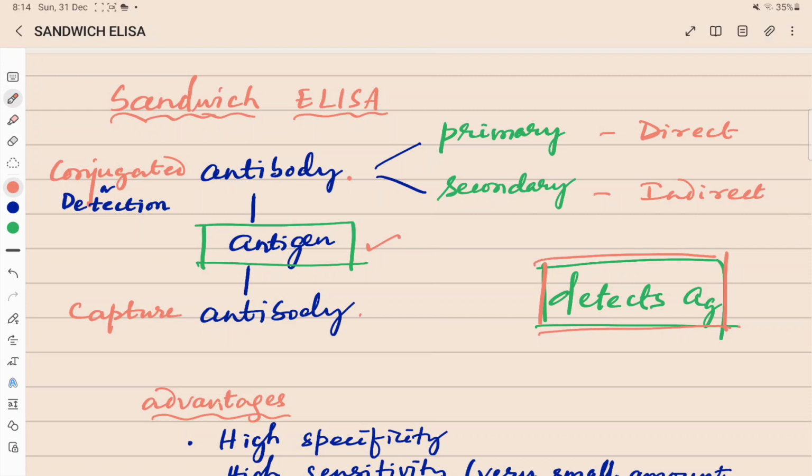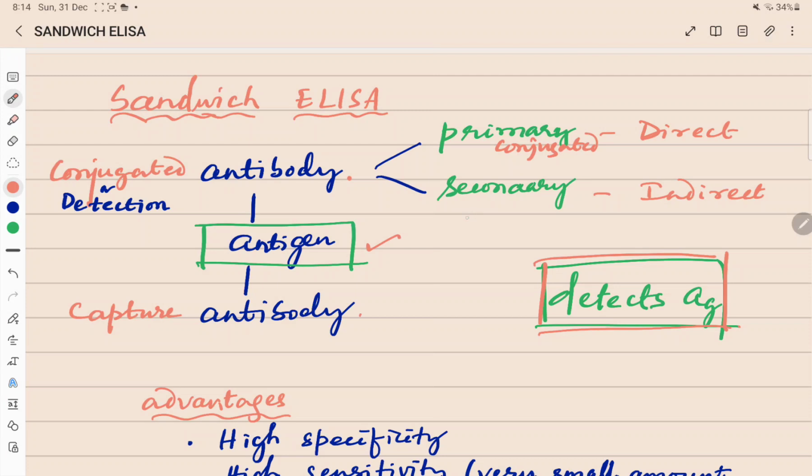If the detection antibody is conjugated, then it is direct, because we can add the substrate and observe the change in color.